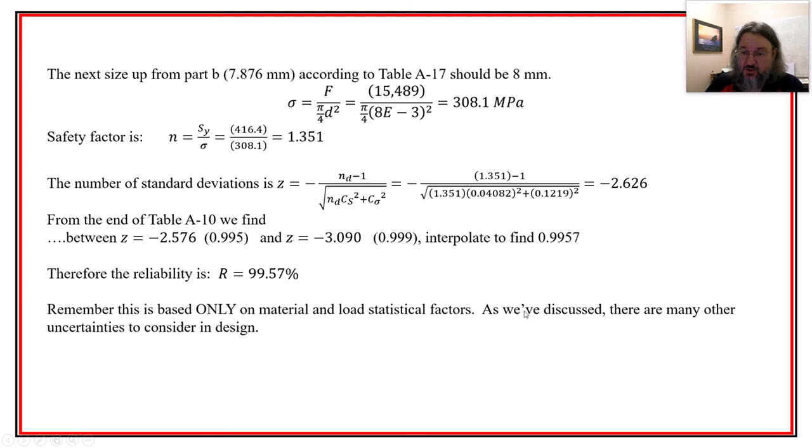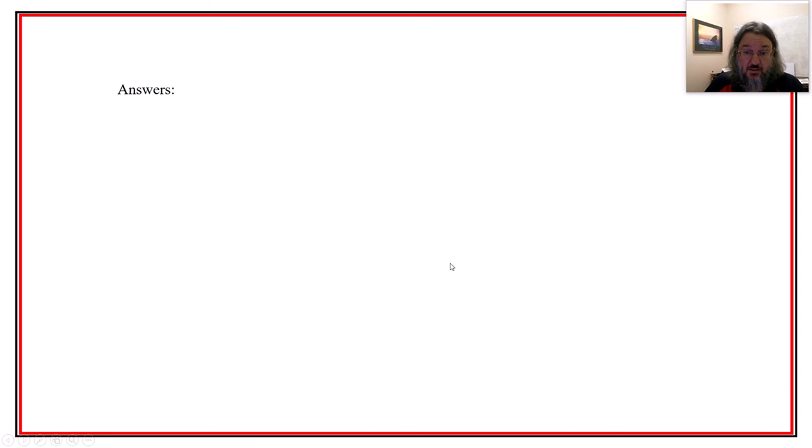As we discussed before, there are many other things that you would want to consider to cover the uncertainties in a design, not just the variability of loads and the variability of material. But this is something that kind of is a practical application, I think, of using statistics and design factors.